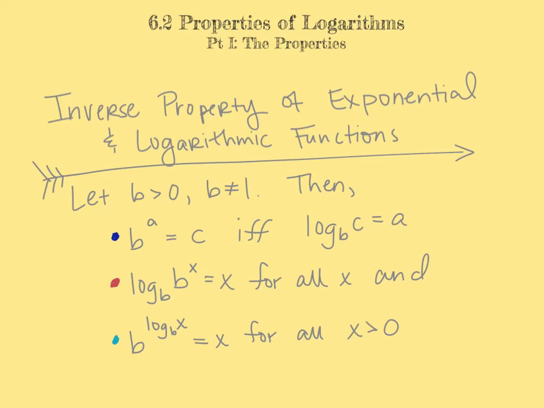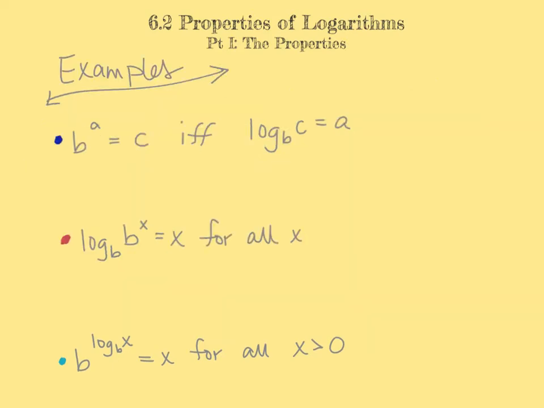So let's look at a few examples of these. Our first one is simply going from exponential form to logarithmic form, so I will do just a simple example for this. We could say that 2 cubed equals 8. And that means if and only if, IFF, log base 2 of 8 equals our exponent of 3.